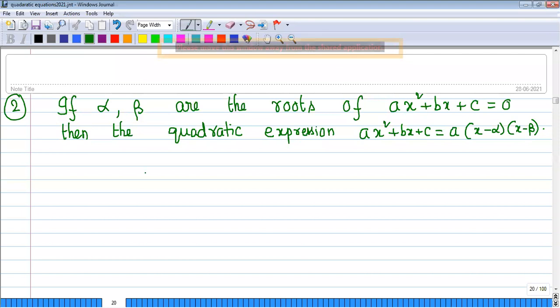This is a very, very important result. It will be applied for many applications in the coming quadratic expression chapter. So let us prove this one now.